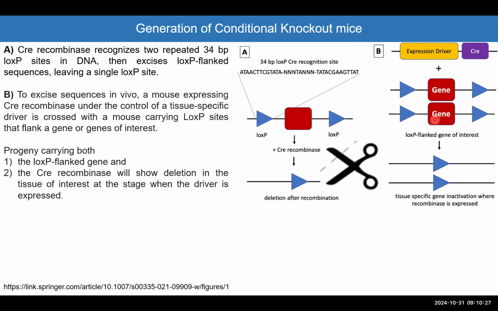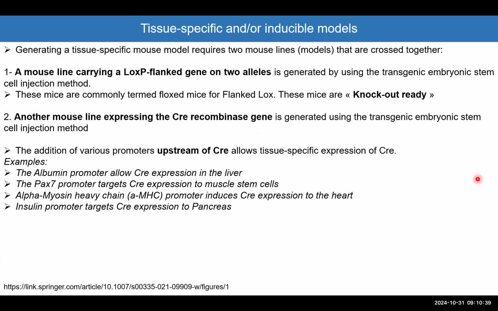So in order to delete that gene totally, you first have to express the Cre, and also you have to have a homozygote conditional gene. And then the other mouse should express the Cre recombinase, and both are generated by the embryonic stem cell injection method that we described for the general knockouts.